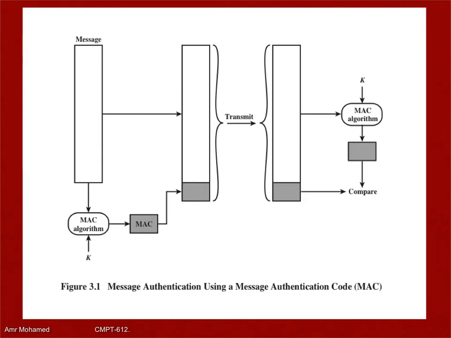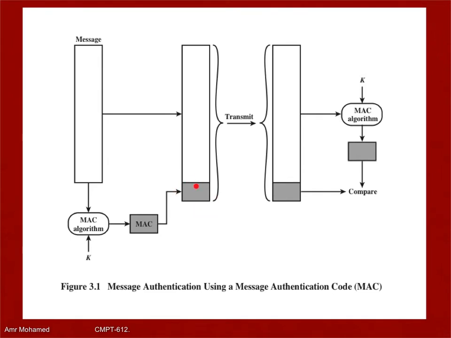Synchronization. There is no issue with synchronization here because remember, this is not like an arbitrary sized stream. The message is of fixed size. It could take different sizes, but at the end of the day, it's limited in terms of size.